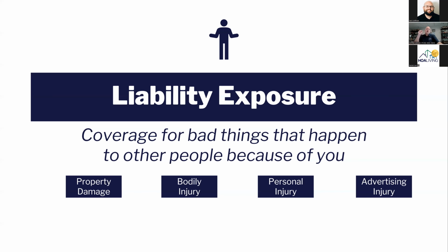So the second of our 4 exposures is the liability exposures. And like the subtitle says, coverage for bad things that happen to other people because of you or your property. So if you have a giant pothole in your common area parking area, and a car hits that pothole hard, it damages their car, and it also causes the car to veer off the road and take out an awning over covered parking spaces.